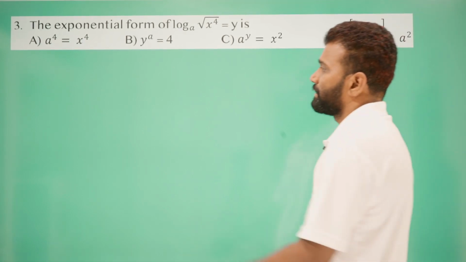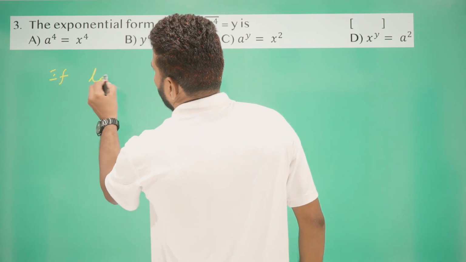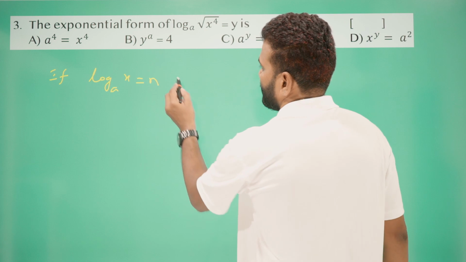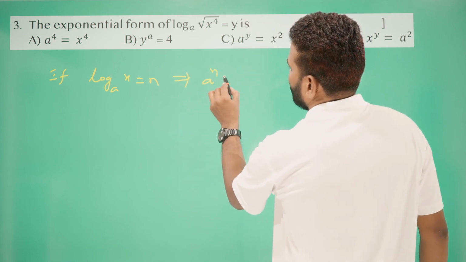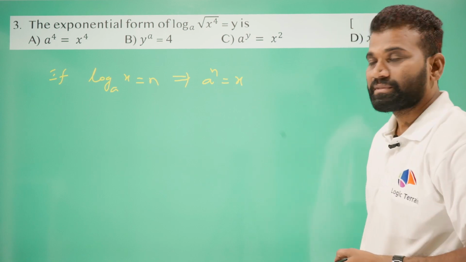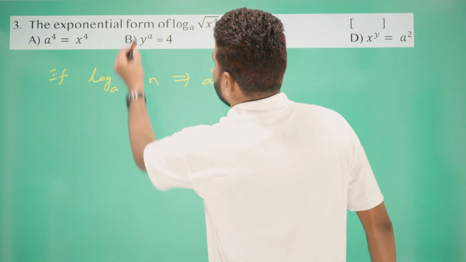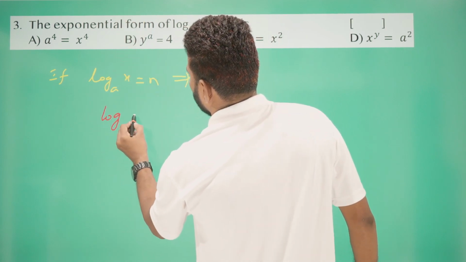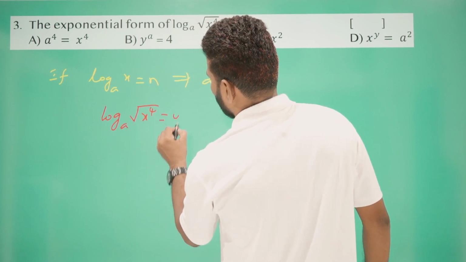So let's find. If log x base a is equals to n, then we know that a to the power of n is equals to x. So by making use of this rule, we'll rewrite this: log square root of x to the power of 4 base a is equals to y.